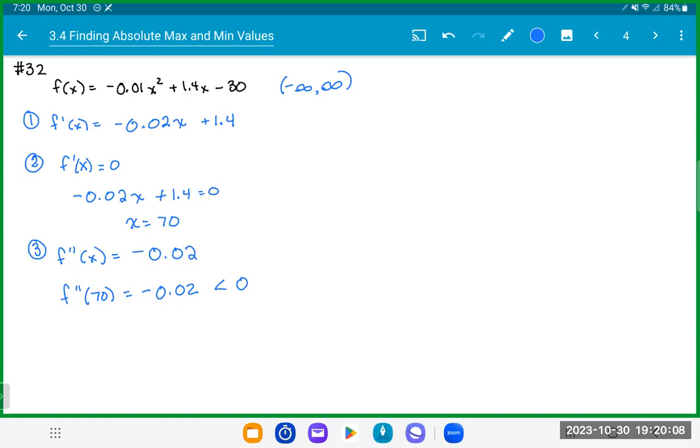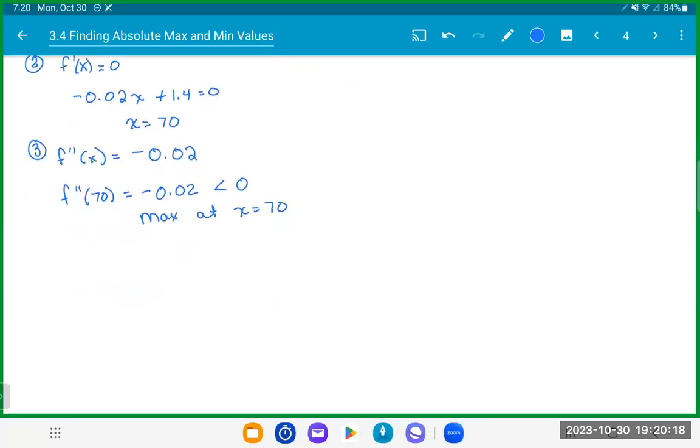Therefore, we have a maximum at x equal 70.